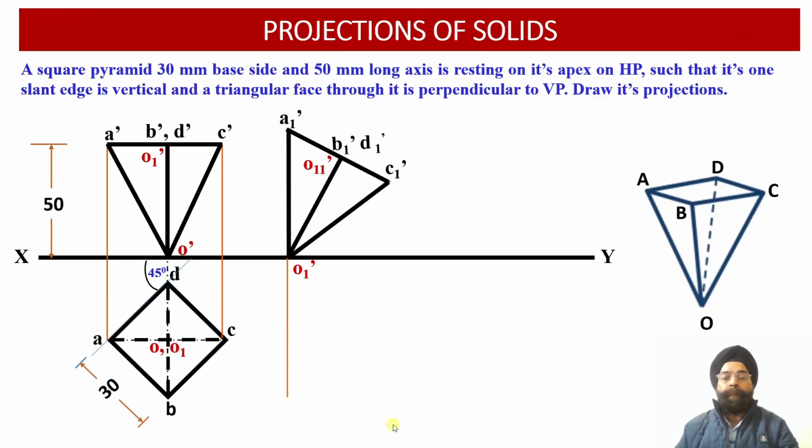How are we going to obtain the plan projection corresponding to this inverted inclined square pyramid from these 6 points of the elevation? Now we are going to draw the vertical projector lines as the observer is going to look at this inverted pyramid from the top.